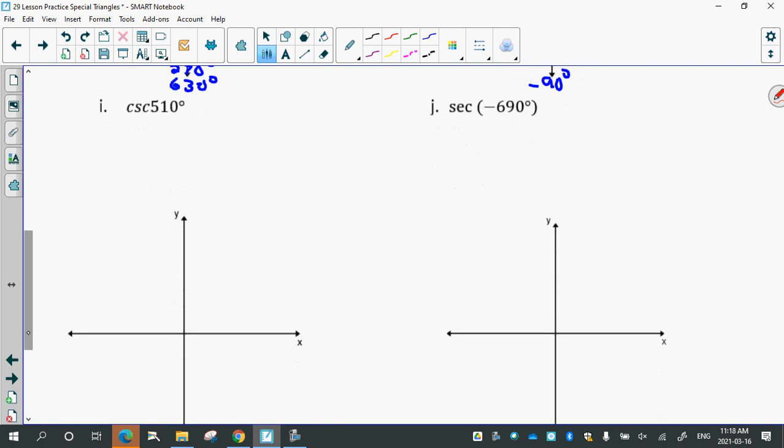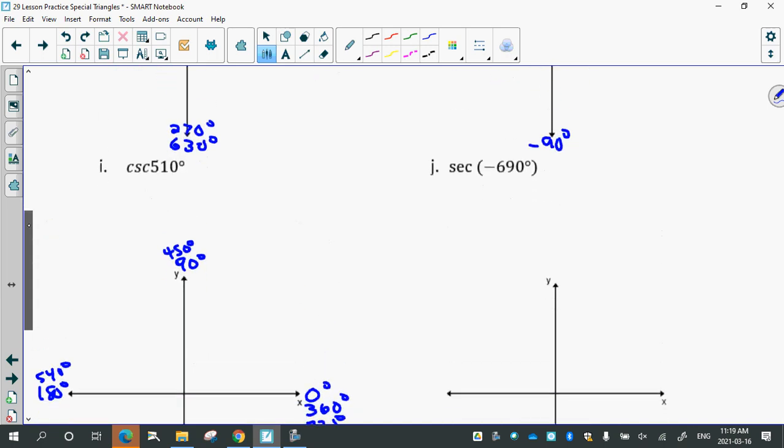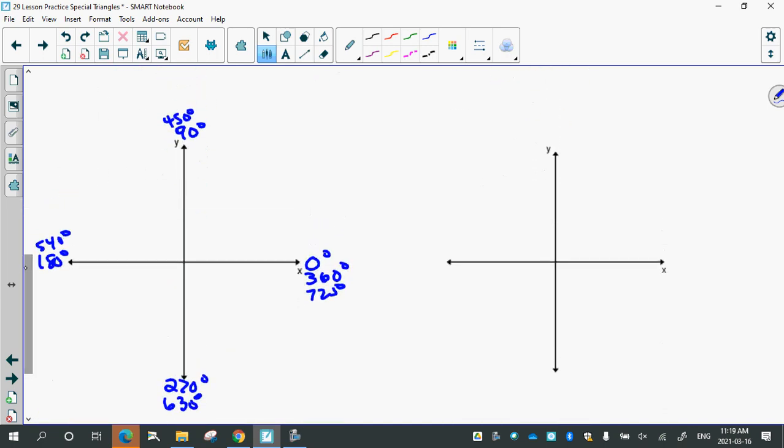Cosecant of 510. What did we say? 510. So that's going to be in the second quadrant, closer to the x-axis.